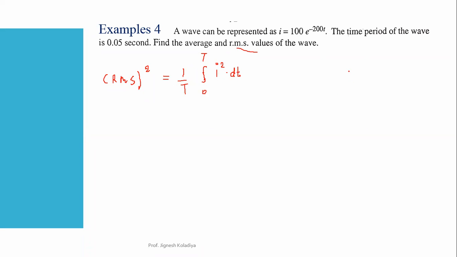I RMS is the square root of this. Same process: put T equal to 0.05 and i equal to 100 into e raised to minus 200t, but here you have to take the square of this term. Tell me your answer.